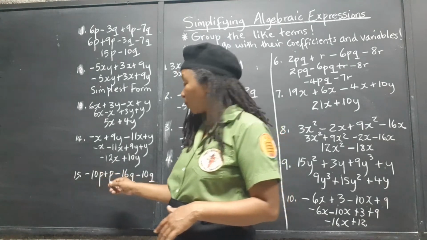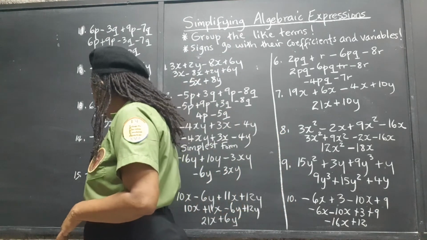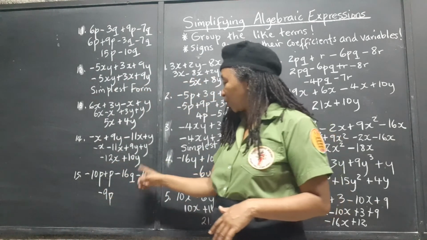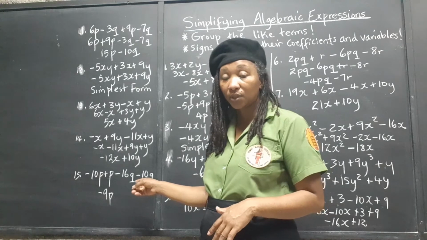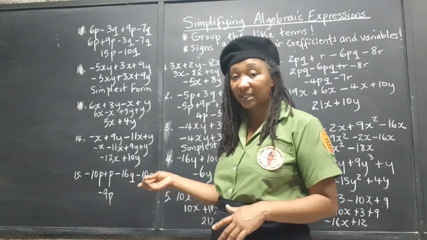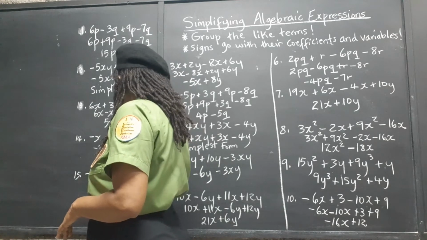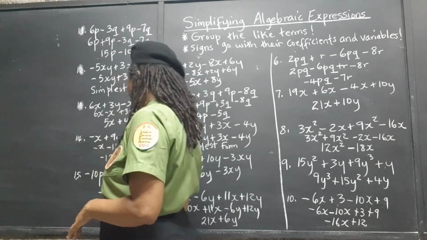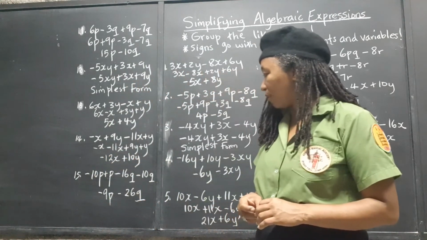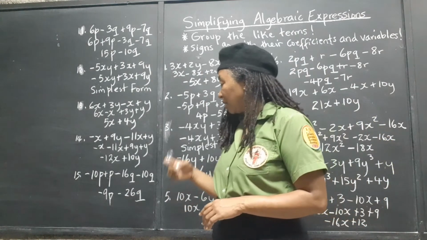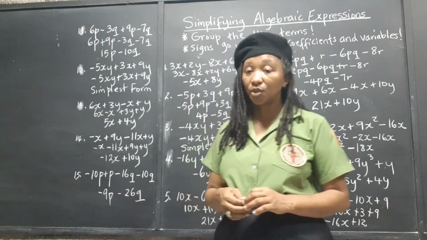Negative 10 plus 1 gives negative 9p. We have a negative 16q minus 10q. So negative 16 minus 10 is negative 26. So that would be negative 26q. Alright, so that's our final answer, negative 9p minus 26q.